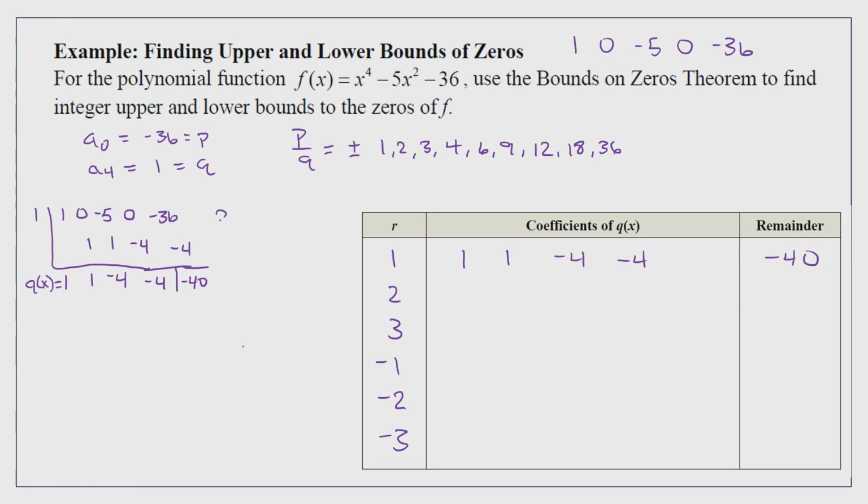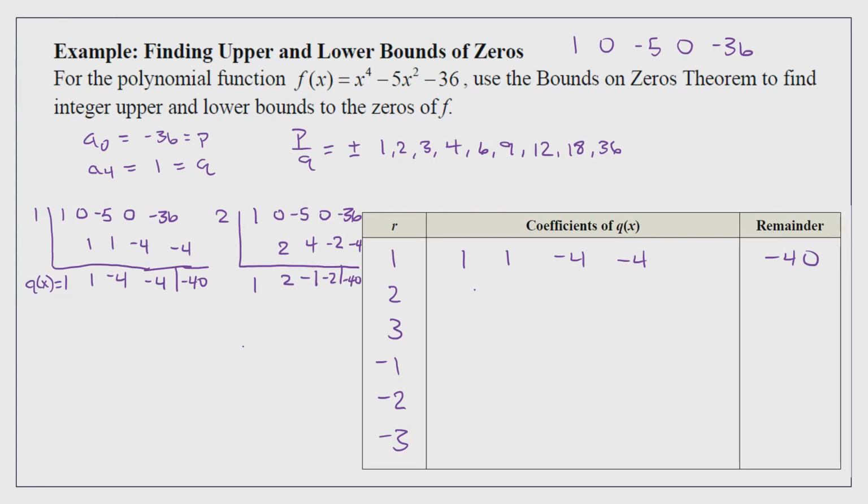Now let's test 2. 1, 0, -5, 0, and 6. So bring down the 1, multiply, add, multiply, add, multiply, add, multiply, add.